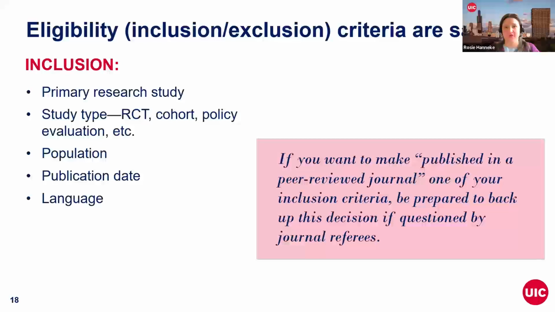Because you're doing the gray literature search after you have established your protocol, that's going to include your eligibility criteria, also known as inclusion or exclusion criteria. And those will be the same for any study that you include in your review, regardless of whether it's published in scholarly literature or gray literature.